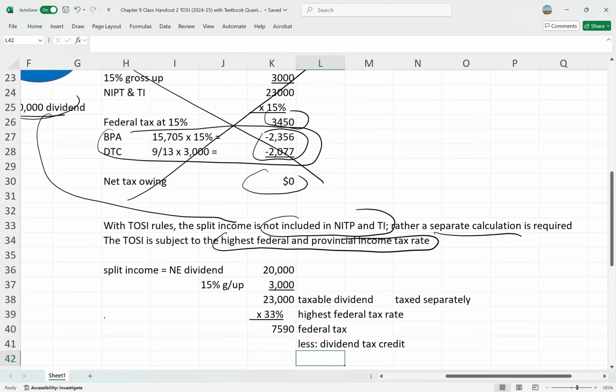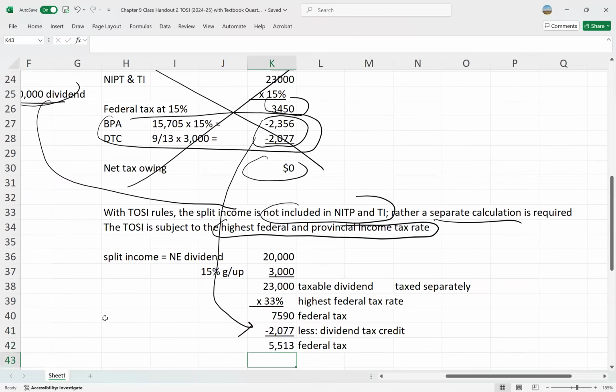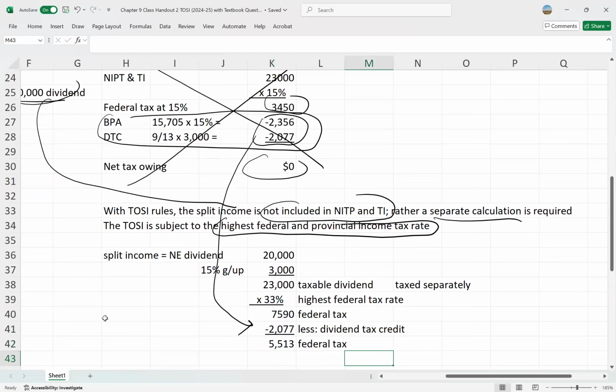So remember the dividend tax credit, we can just use the calculation we did above here. 2,077. And so the federal tax would be 5,513. So I'll just make a note. There would be provincial tax as well, using the highest provincial rate.